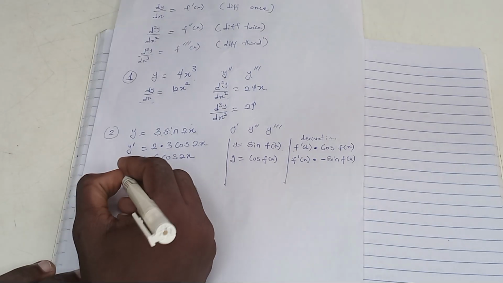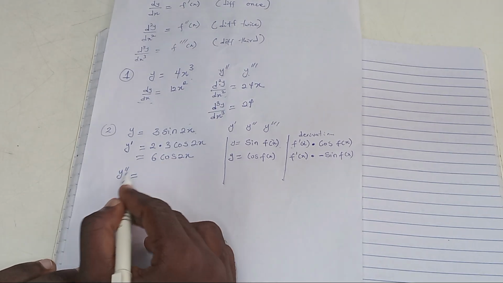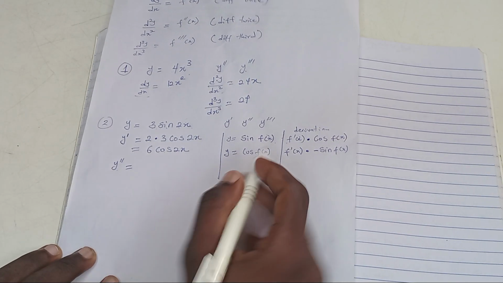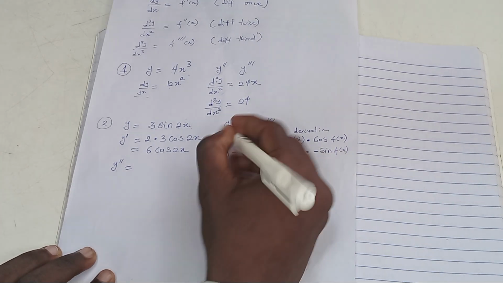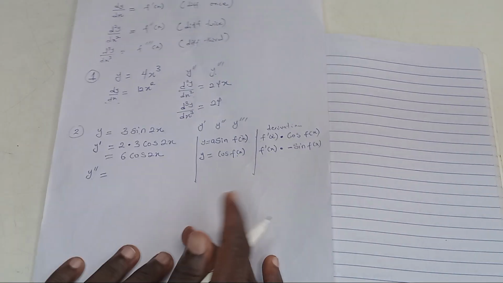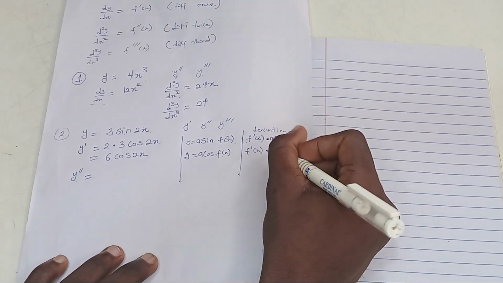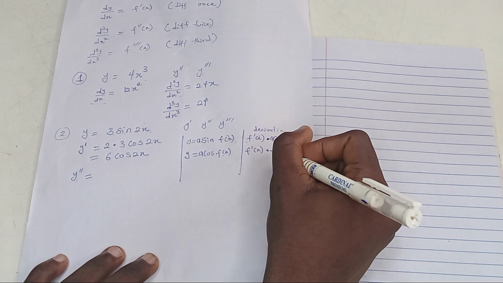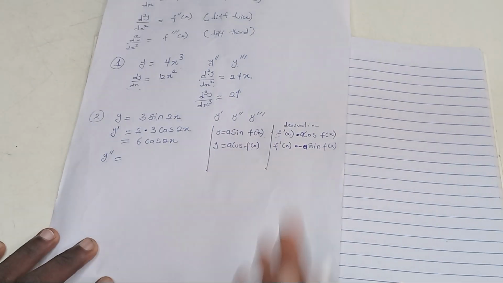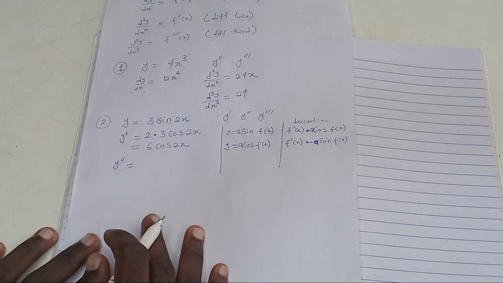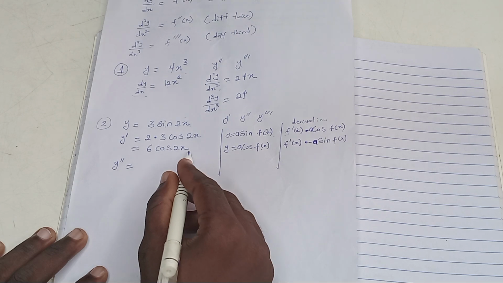Now let's do y double prime. You differentiate y prime to get y double prime. Let me improve this rule: I have put a here so you can have the coefficient and not be confused. Sine becomes f prime x times a cos f x, and cos becomes f prime x times minus a sine f x. So y prime is 6 cos 2x.